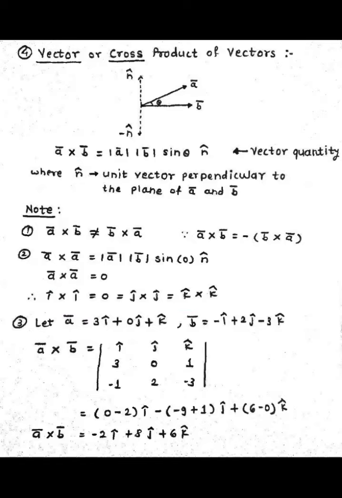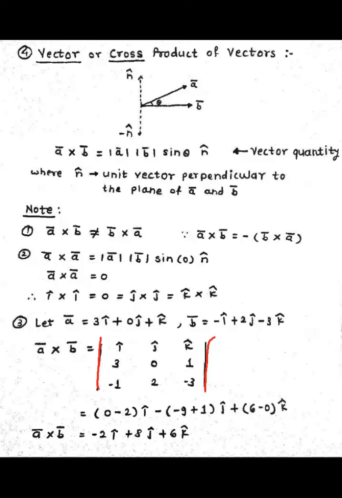To understand this cross product, take one example. Consider a bar as 3i cap plus 0j cap plus k cap, and b bar as minus i cap plus 2j cap minus 3k cap. Then to find the cross product a bar cross b bar in a simple form, we take a determinant form instead of taking the cross product term by term.